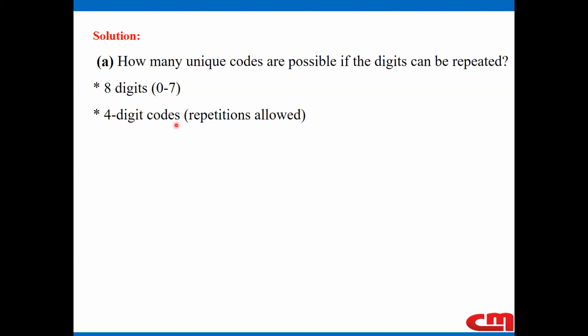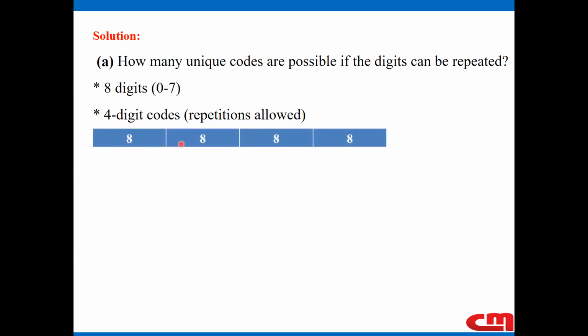So we only have 4 places to fill, repetitions allowed. In the first position, any of the 8 digits can occupy that. Since repetition is allowed, any of the 8 can occupy the second, third, and fourth. That is the understanding.